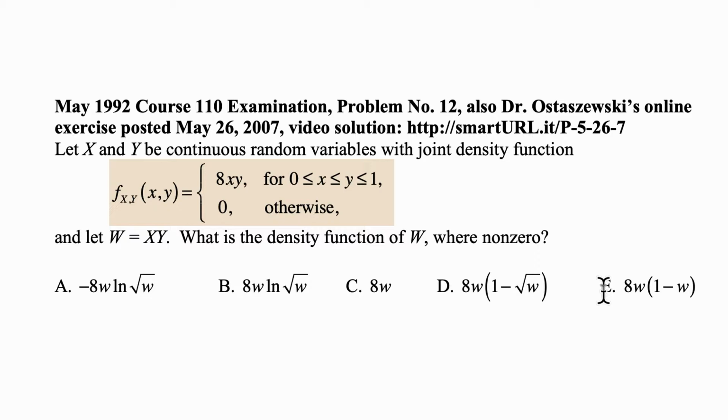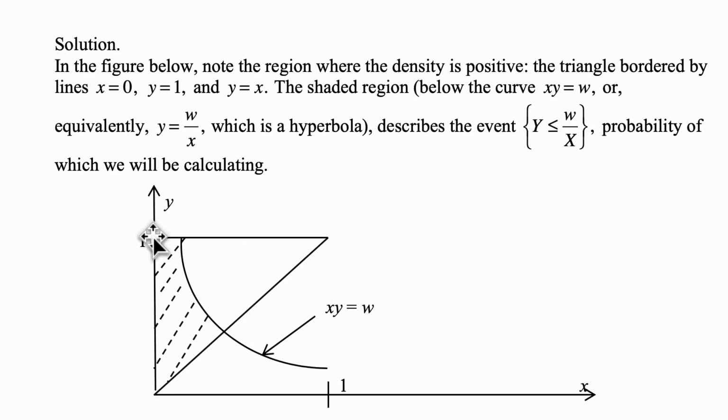Y has to be greater than x, and the line where y equals x is the line with slope 1 going through the origin, and y is bigger than x above that line, and then we have both x and y between 0 and 1. That's precisely the triangle that you see here. The conditions are met, and the density is positive only in that triangle.